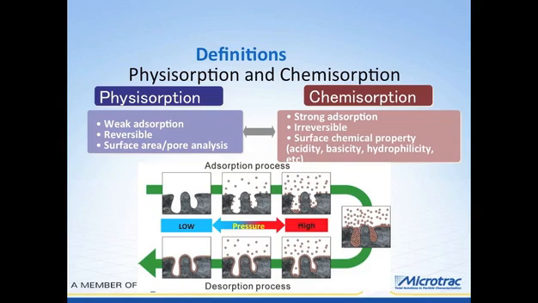Eventually we wind up with a situation with this particle where the pores become completely filled with the adsorbing molecules, and this is now an adsorbate. But under these conditions, we can reverse this process, and we do this all isothermally. So the temperature is the same, and it's at 77 Kelvin, which is the boiling point of liquid nitrogen.